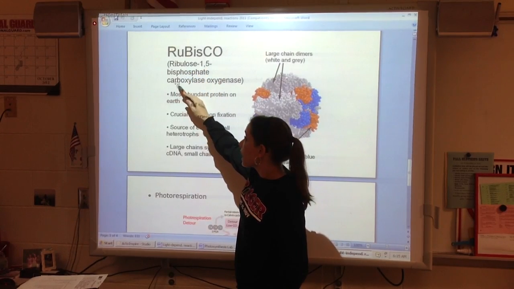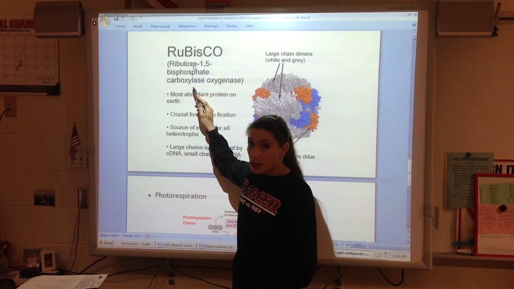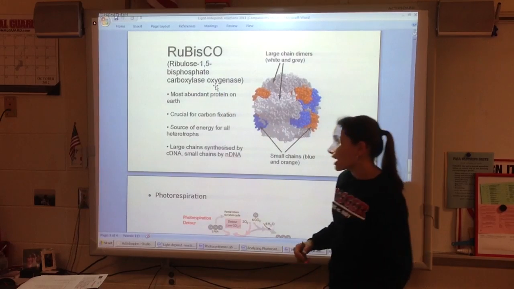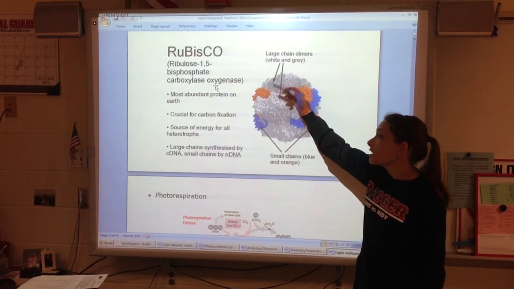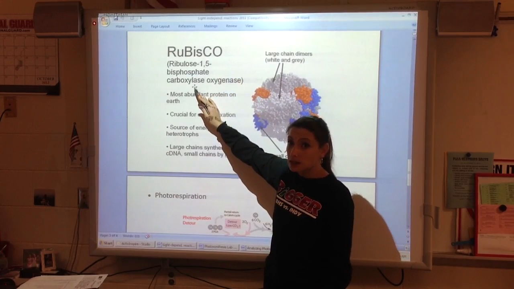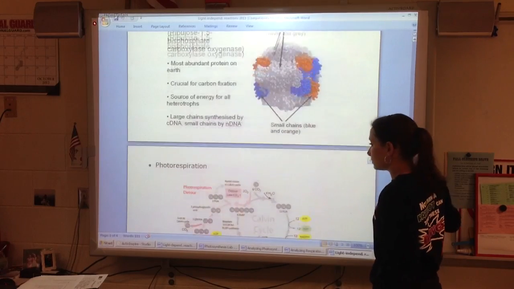To that we're going to add carbon, carboxylase, and that should be the normal action of this enzyme. However, rubisco also has an affinity or an attraction to oxygen. And so it's called rubisco because it can act as a carboxylase enzyme or an oxygenase enzyme.